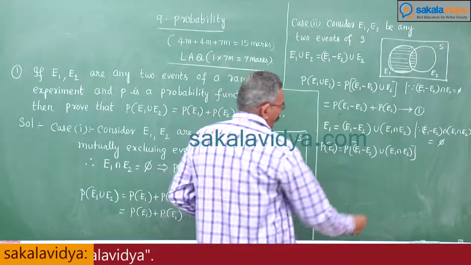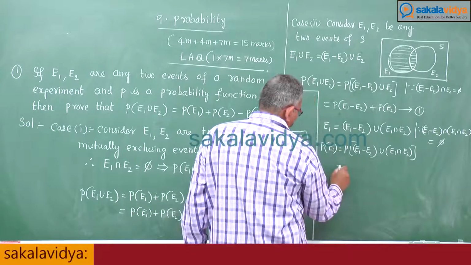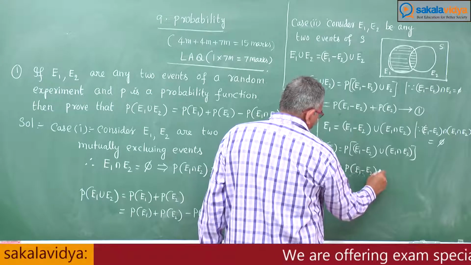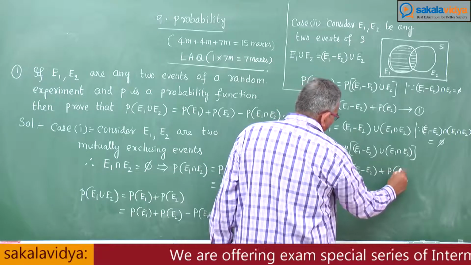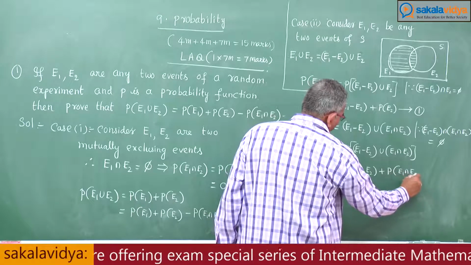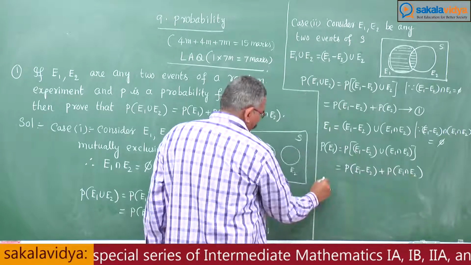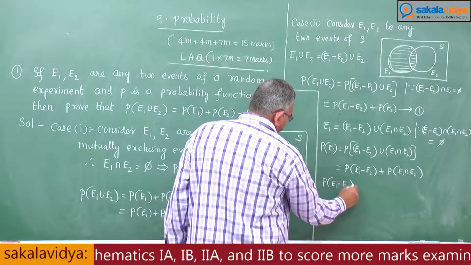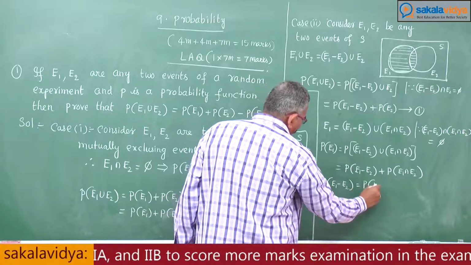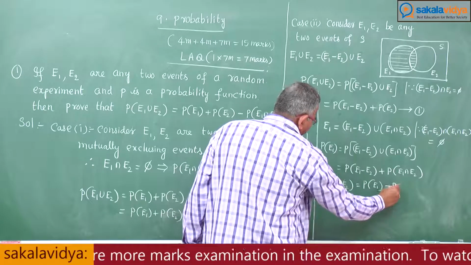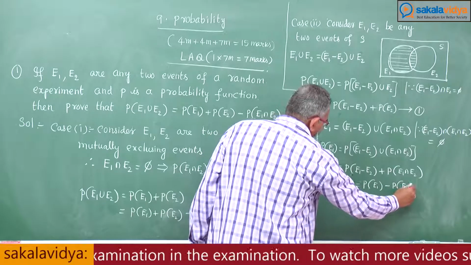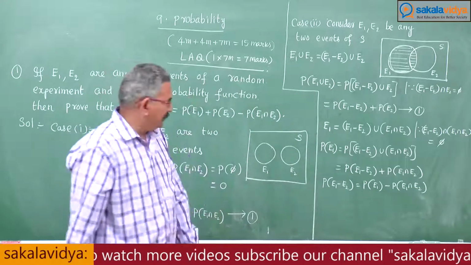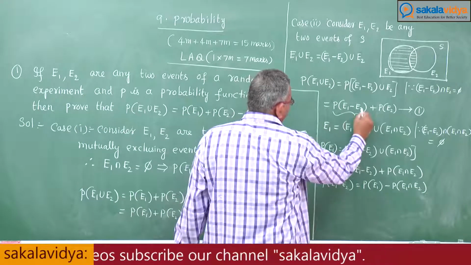Now, by the union axiom, you can write P of E1 minus E2 plus P of E1 intersection E2. From this we can find P of E1 minus E2, that is equal to P of E1 minus P of E1 intersection E2. Now, from 1, replace this value.